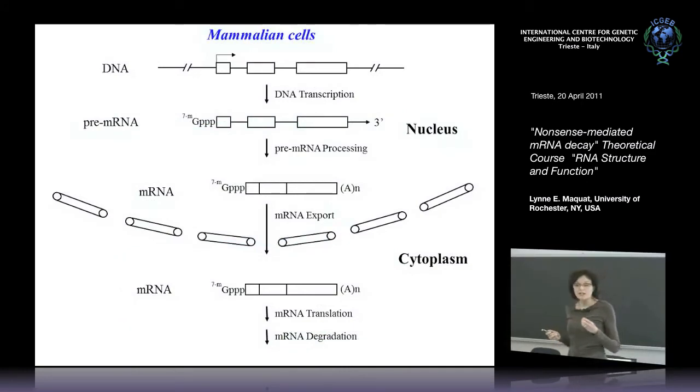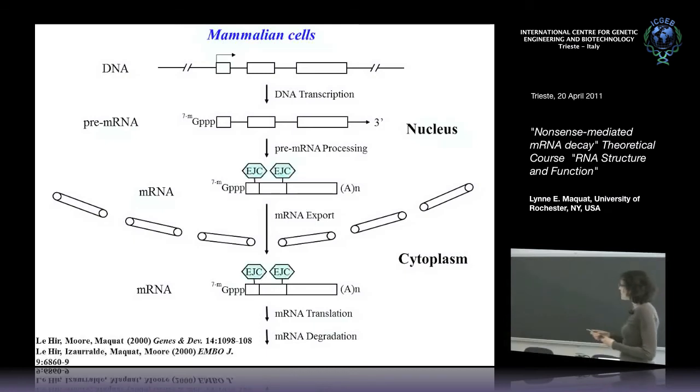So I described yesterday how many steps of post-transcriptional gene control are mechanistically related, and you've heard from many other speakers examples of this. And it turns out our studies of NMD have provided links as well.